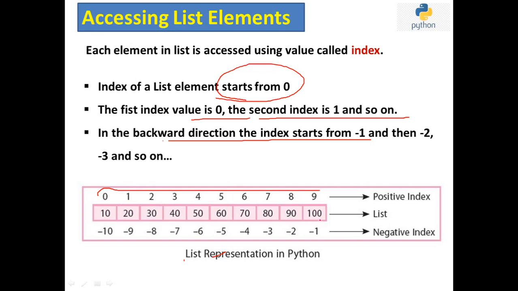From the backward direction, it starts from -1, -2 like that up to -10. This is called the negative index, and this is called the positive index. This type of indexing is also followed by tuples and strings.